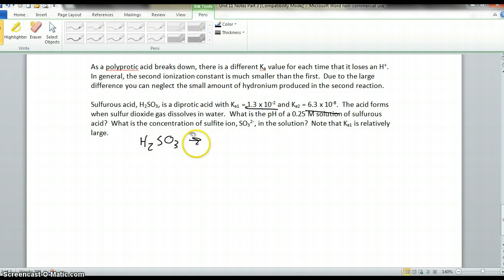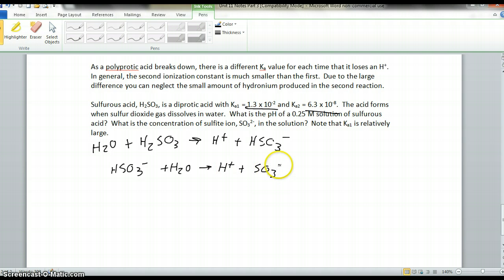H2SO3 will break apart into H plus and HSO3 minus when you put that in water. So we'll make that look just like that equation. And then HSO3 minus, when you put that in water, breaks apart to form more H plus and SO3 2 minus.